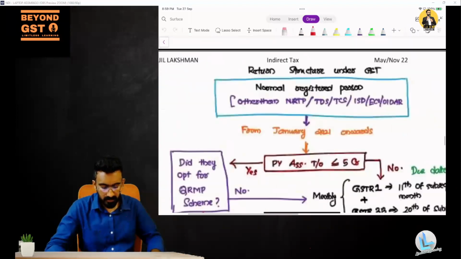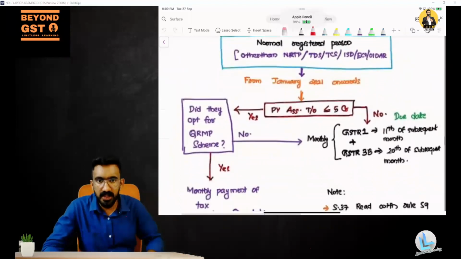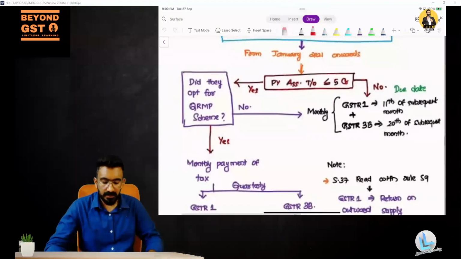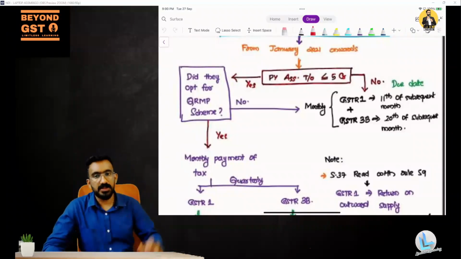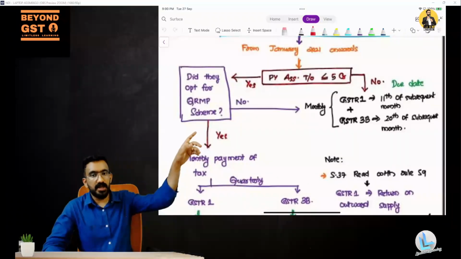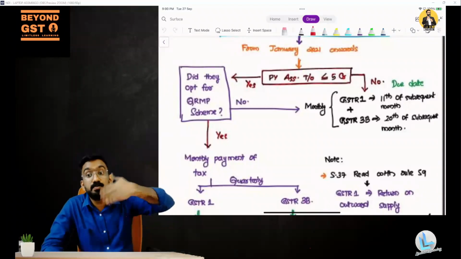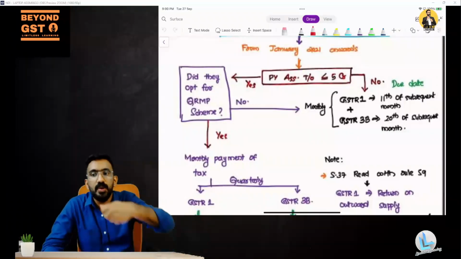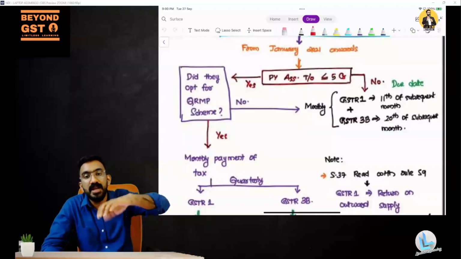The return structure under GST has now been changed from 1st January onwards. If the previous year aggregate turnover of a person is less than 5 crore, okay, look at the screen. If the previous year aggregate turnover is less than 5 crore, they get an option to go for QRMP scheme, quarterly return, monthly payment. Payment goes monthly, but you can file return quarterly.